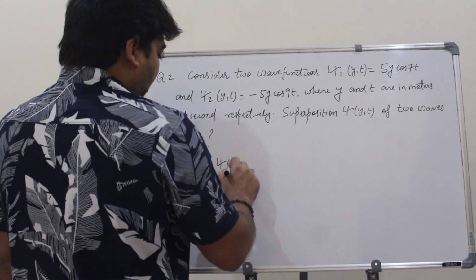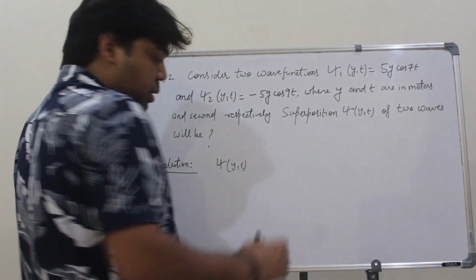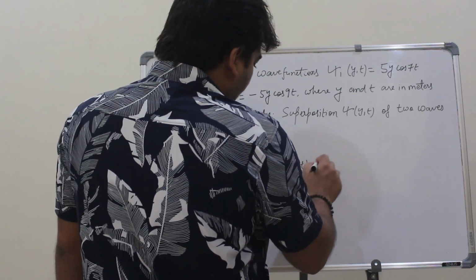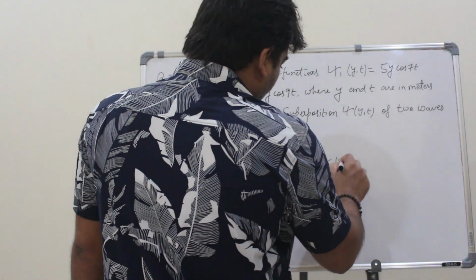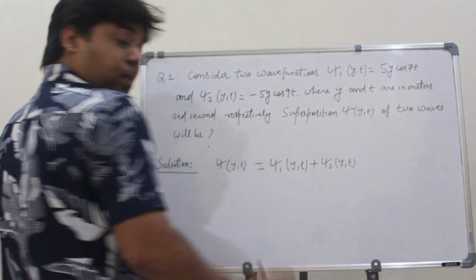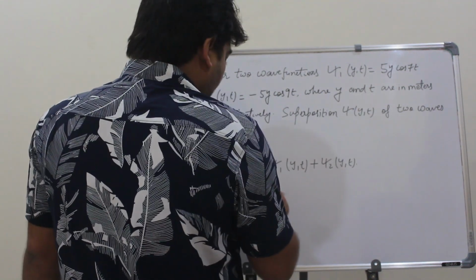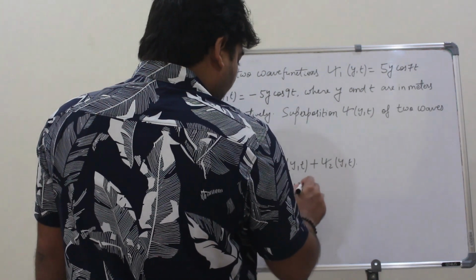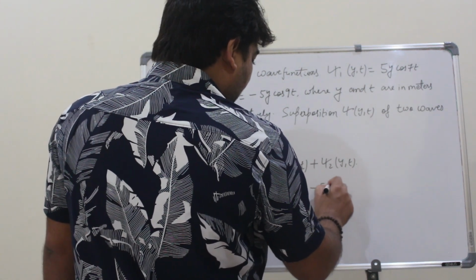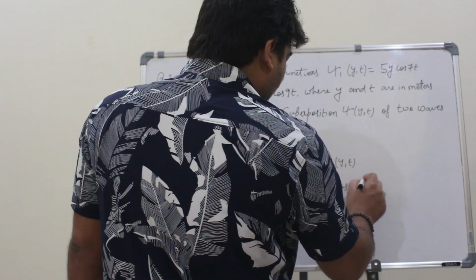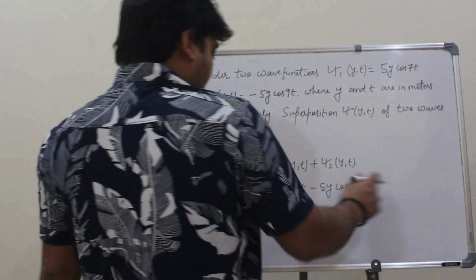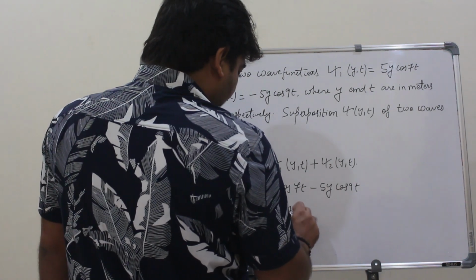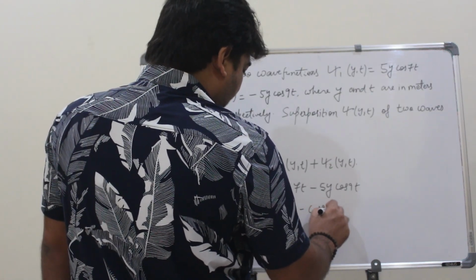So psi at y, t is nothing but psi1 of y, t plus psi2 of y, t. Just put in the expressions given: 5y cos 7t minus 5y cos 9t. Now take 5y as common, and we have cos 7t minus cos 9t.